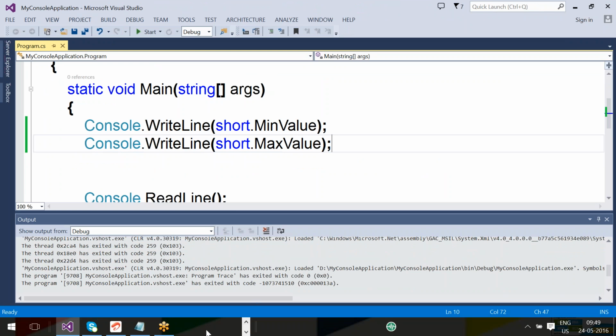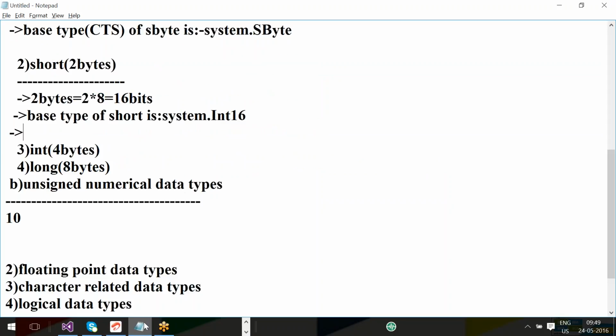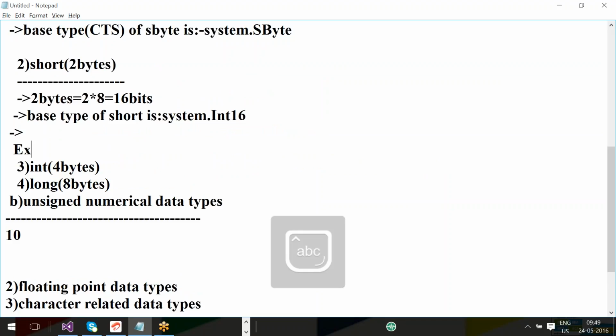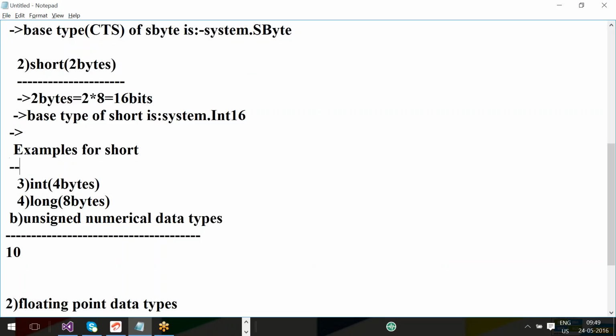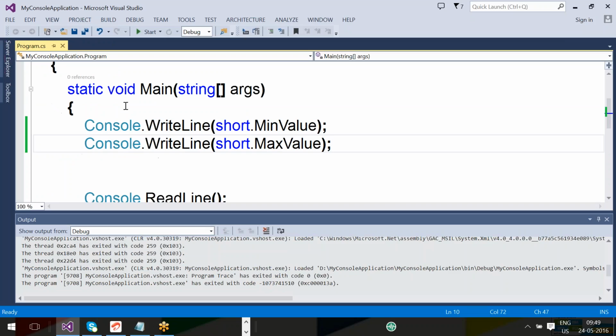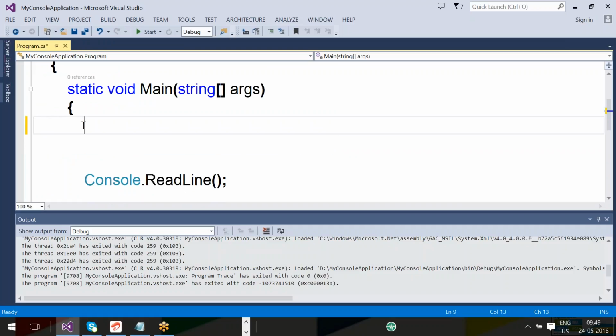So now let's see some real-time variables, some examples for short. Now I'm asking a question. Urmil, just give me the answer. Short A equal to 1000, valid or invalid?